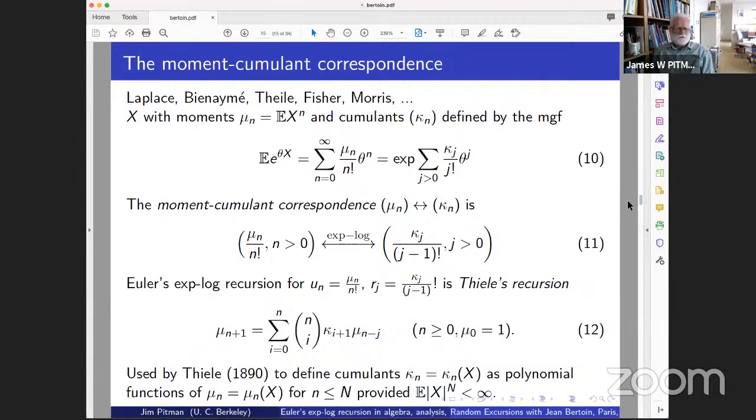And I'm not going to say anything more except to say that this formalism of formal power series pushes to new directions in the last decades, notions of free cumulants and extensions of this exponential correspondence to random matrices and the like. I won't say any more than that, just to acknowledge that that universe is there.